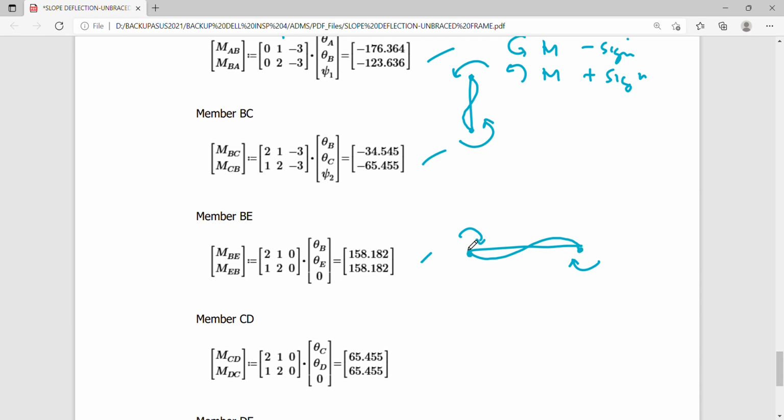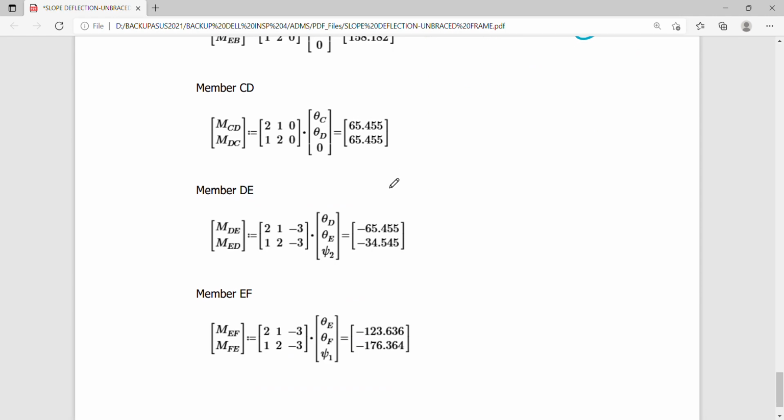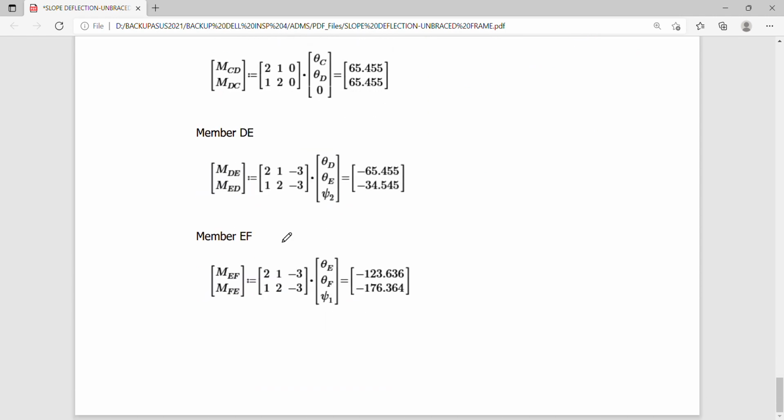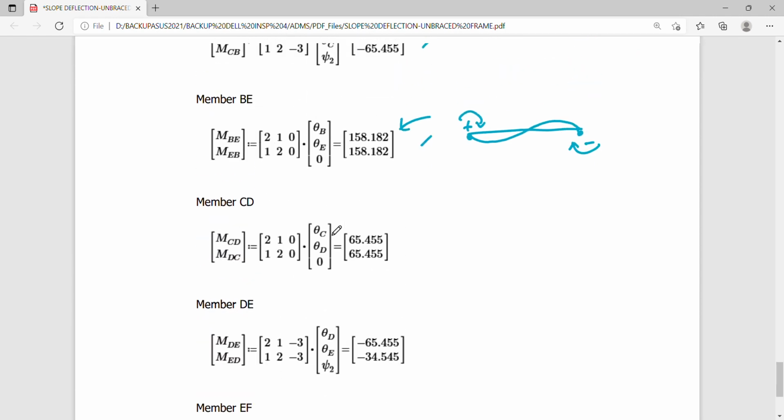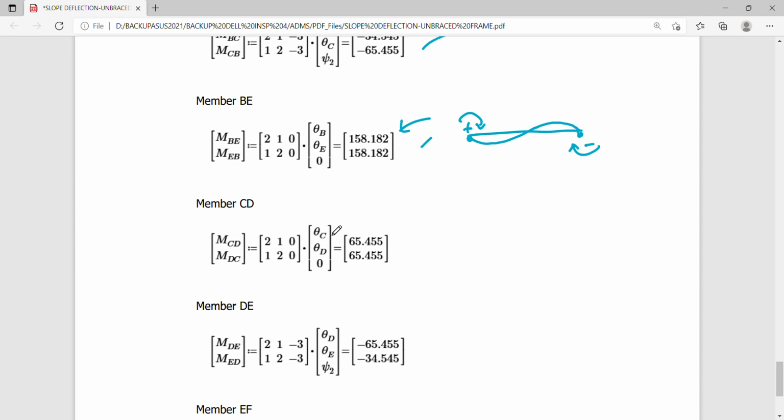Okay, so this is a positive value, and this is a negative value. So this refers to these moments here, and this refers to these moments there. And so it's true with this because these are both negative. So you can now draw and plot the end moments in the frame for ease of reference.